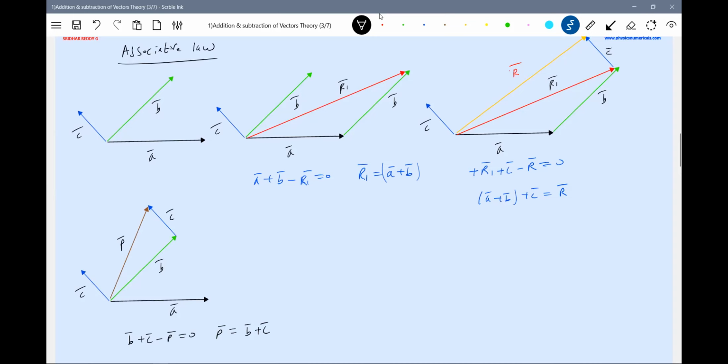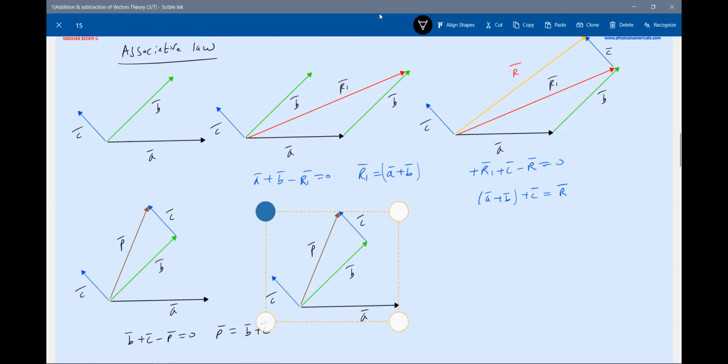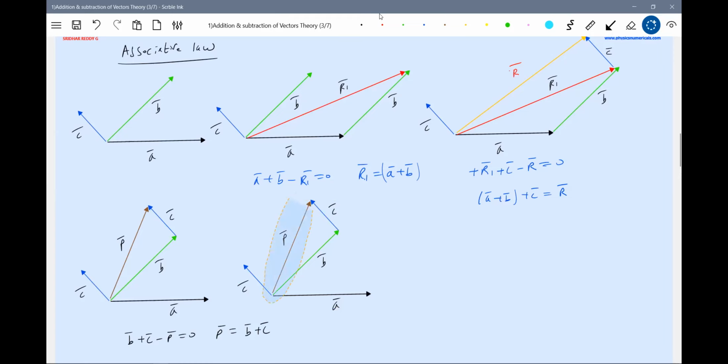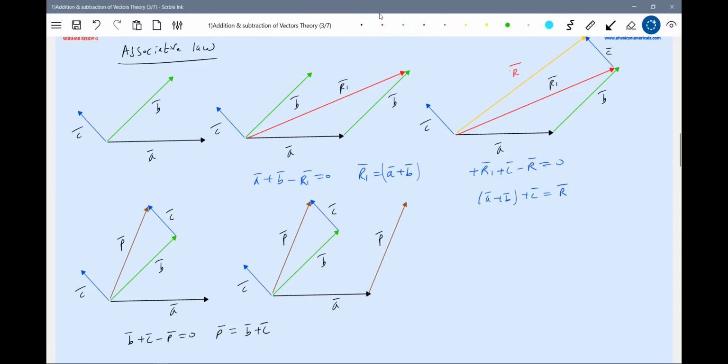Now this A bar I'm going to add to it. The P bar is what I'll shift in this diagram. Then the resultant. So what we are trying to do, we are going to check again the same R bar vector will be there.